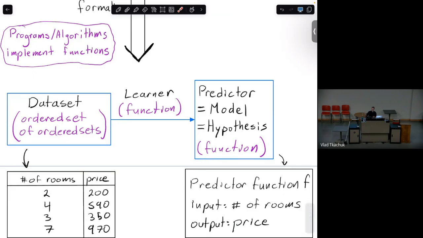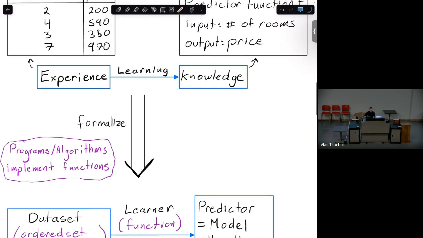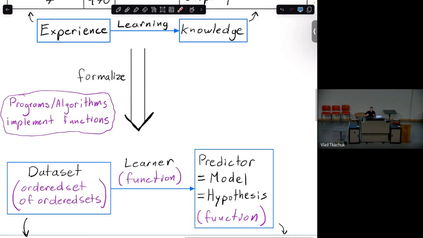Then there's this learner thing, right? I'm going to call this a program, or before I called it a program, now we're going to use the words function and program interchangeably. On the side here, I've highlighted that the way to think about this is that programs, or I'm also going to use the word algorithms interchangeably, are things that implement functions.